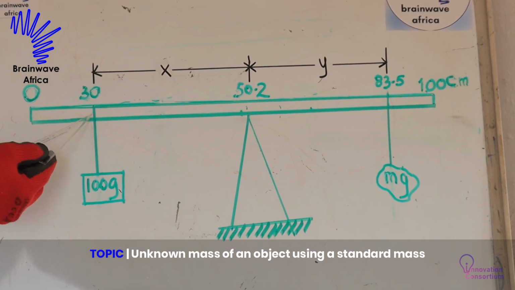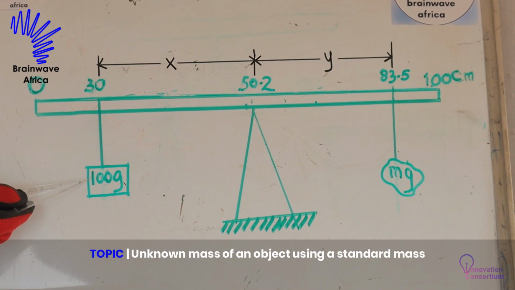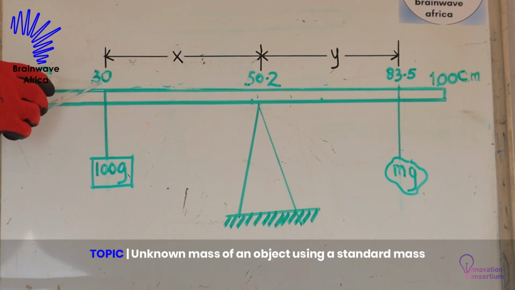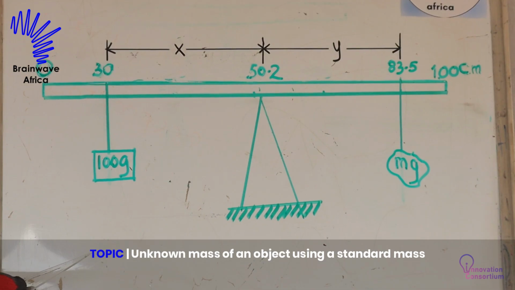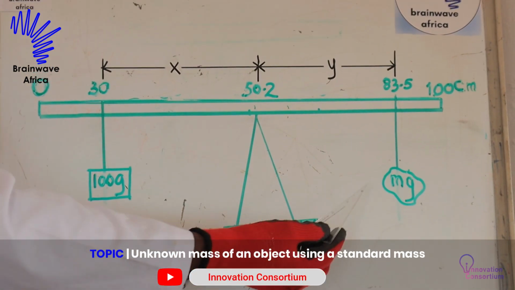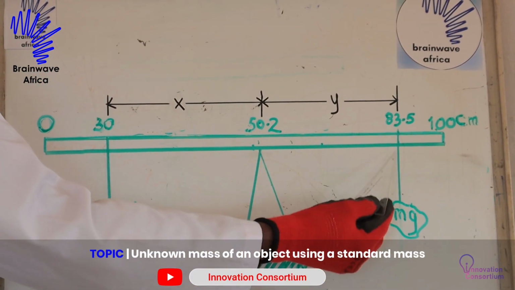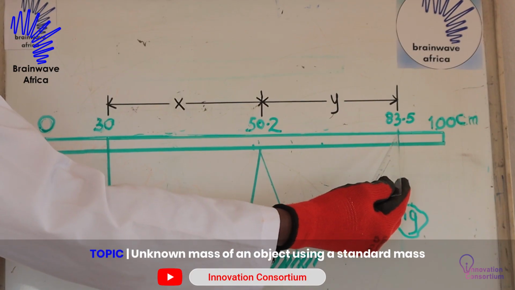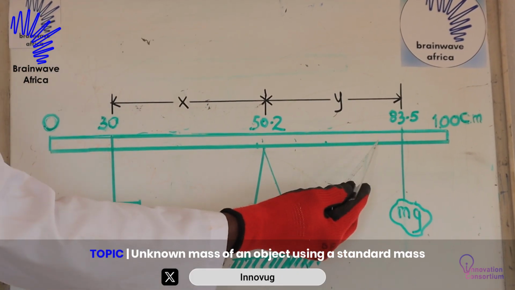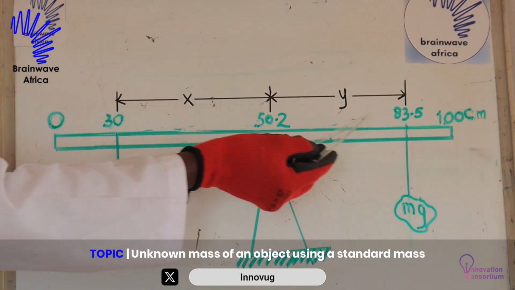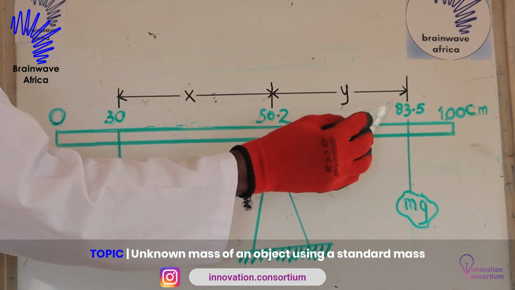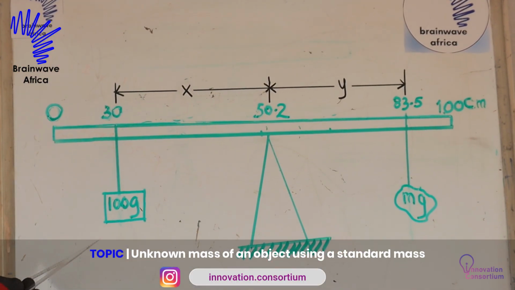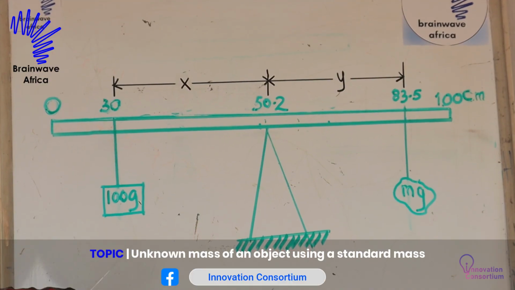We suspended the known mass, 100 grams, at the 30 centimeter mark. Then on the other side of the pivot, we suspended the stone and adjusted the position until the meter rule balanced again. This happened when the stone was at the 83.5 centimeter mark.